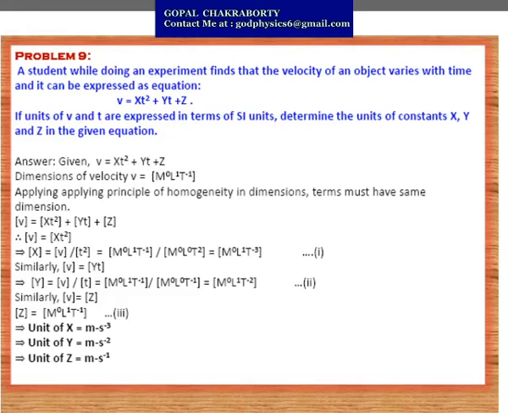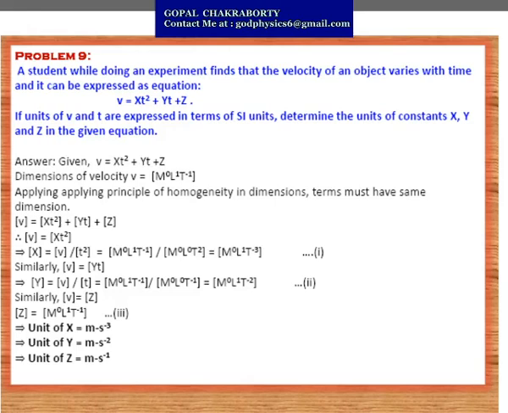First, equating the dimension of v with x t square, we can find x: dimension of v by dimension of t square, that equals M to the power 0, L to the power 1, T to the power minus 1, divided by M to the power 0, L to the power 0 and T to the power 2. So M to the power 0, L to the power 1, T to the power minus 3 is the dimension of x.